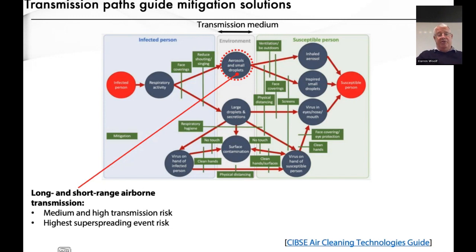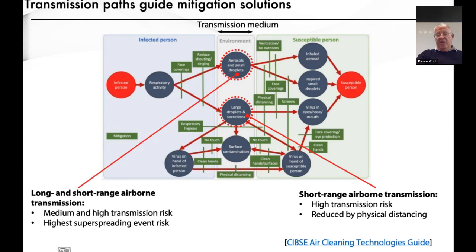So short range transmission. I put this in the category of medium to high transmission risk, but it's the highest risk of super spreading events. Then you've got the larger droplets. So this is short range airborne transmission. It's got high transmission risk, and it's reduced by physical distancing. I'm sure we're all aware of that. Then there's surface transmission.